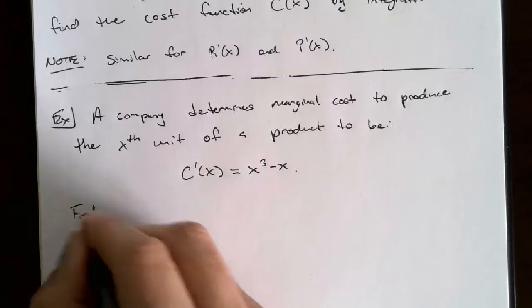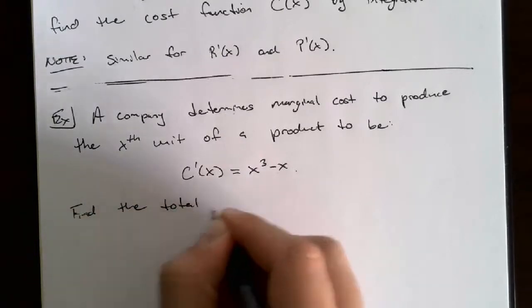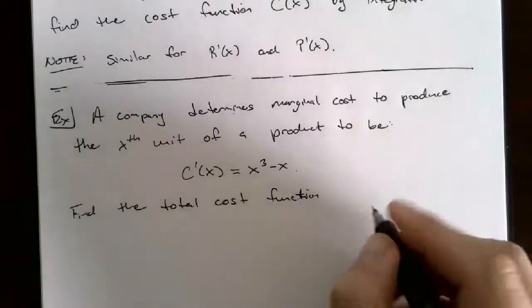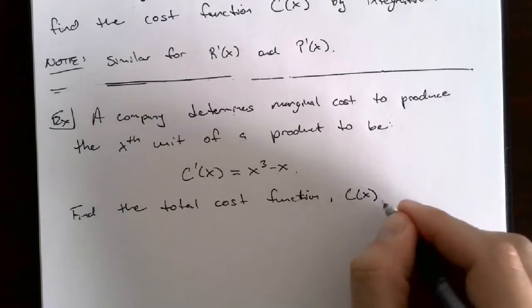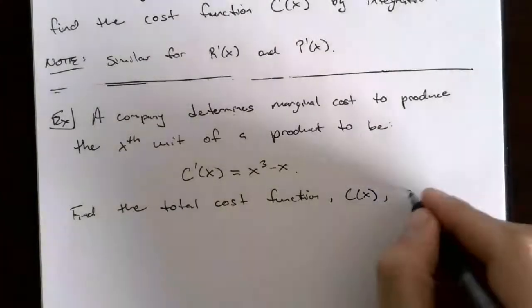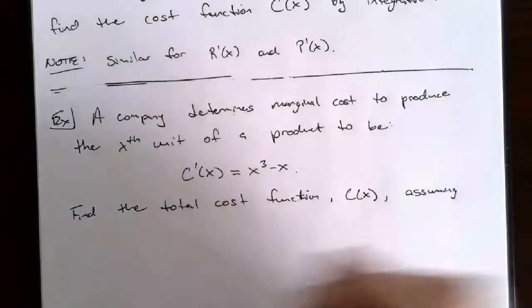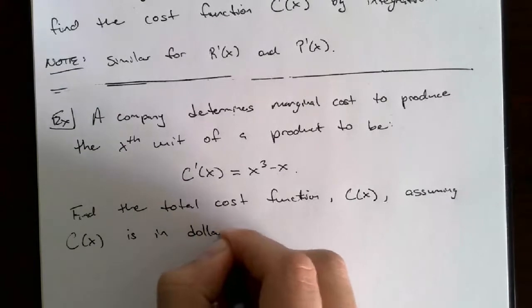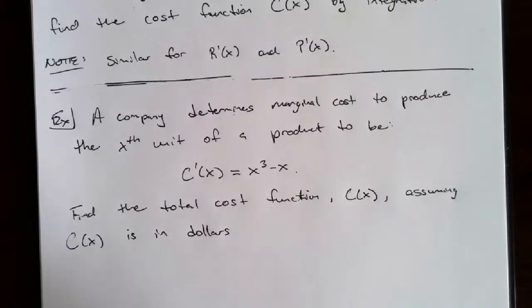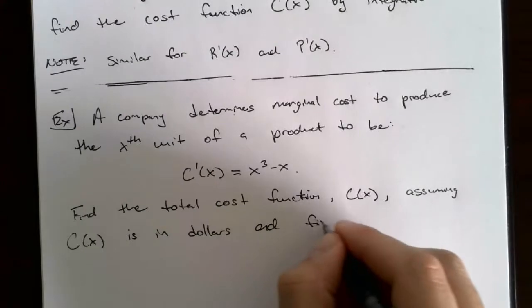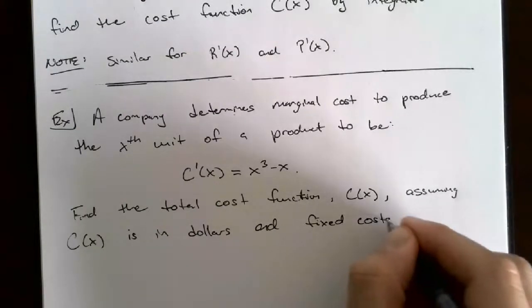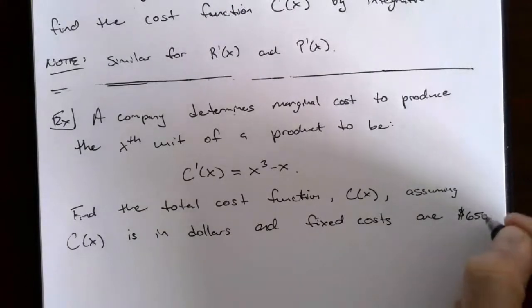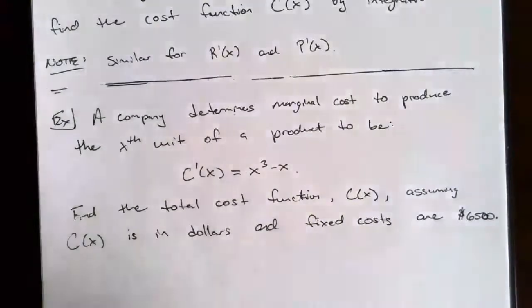Find the total cost function, which we'll call c of x, assuming c of x is in dollars and fixed costs are $6,500.